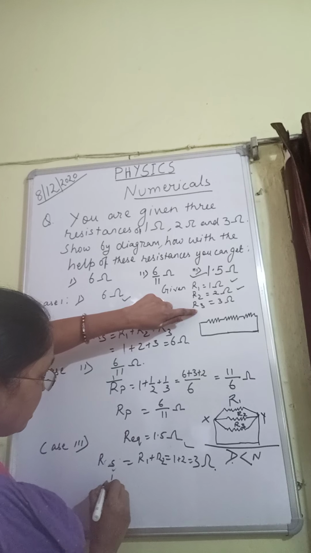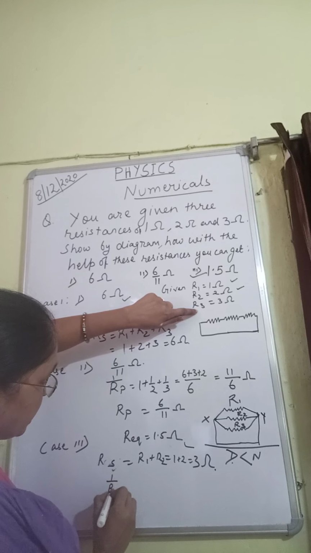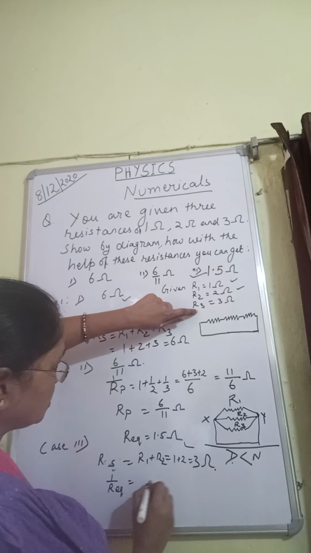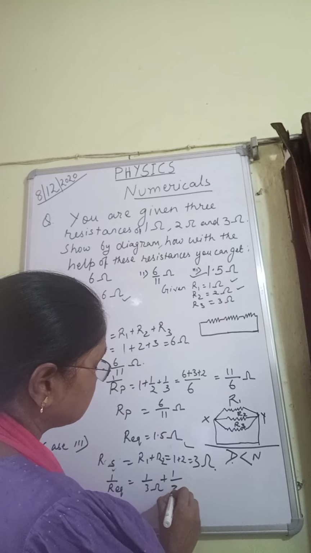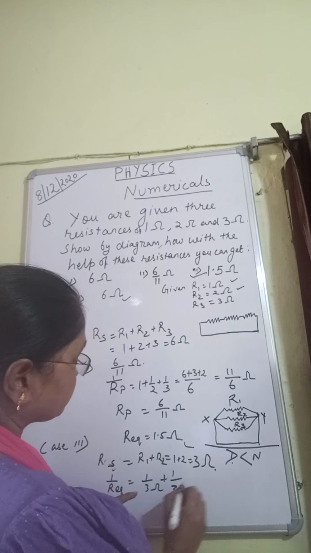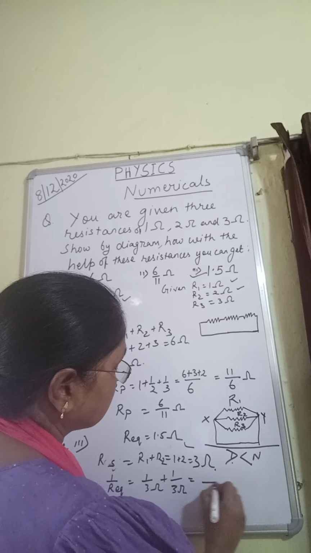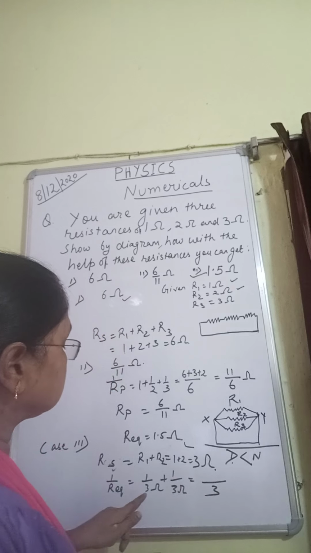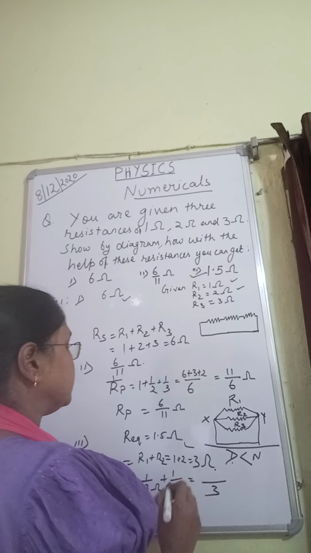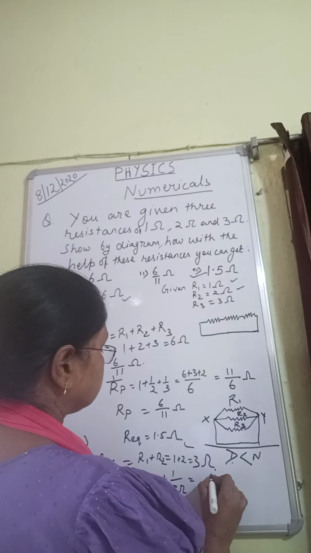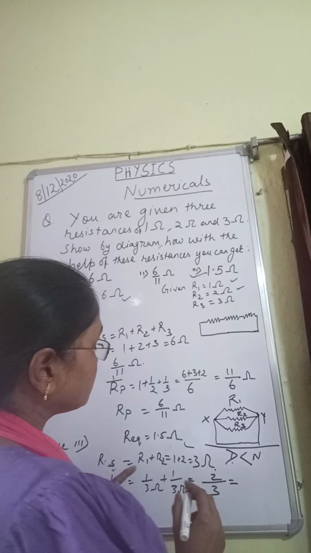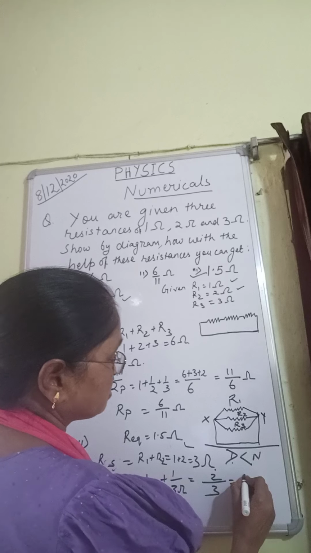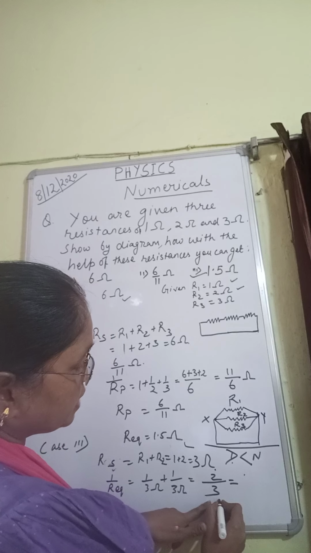So 1 by R equivalent is equal to 1 by 3 ohm plus 1 by 3 ohm, that is R3. The LCM is 3, and here we will get 2 by 3.